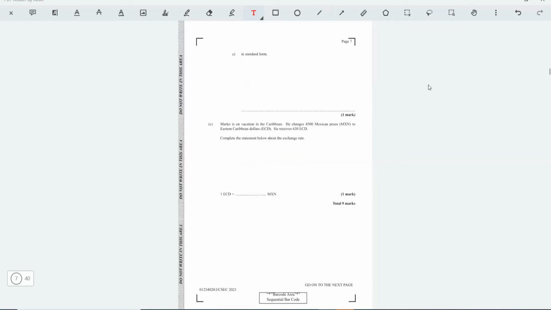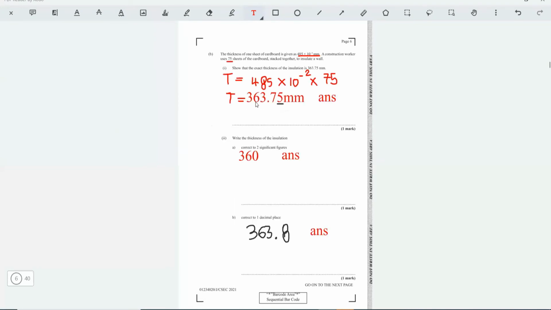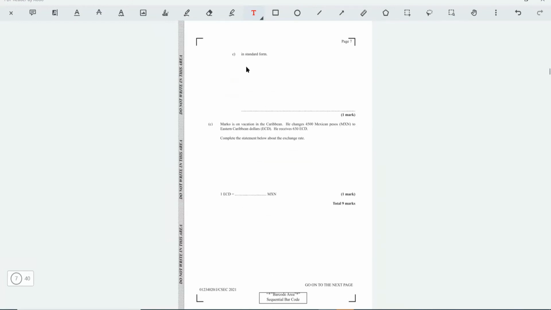The next part says now in standard form. In standard form, it's going to be 3.63 times 10 to the second power. Well, let me write the exact answer: 3.6375 times 10 to the second power.